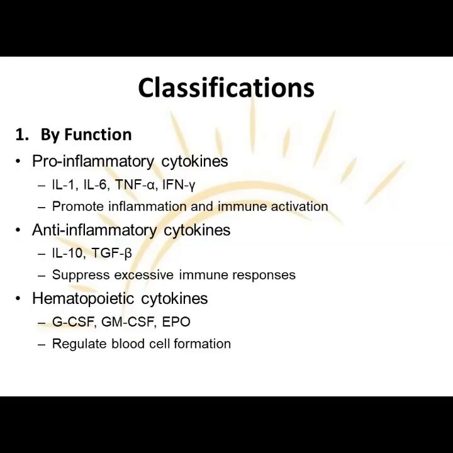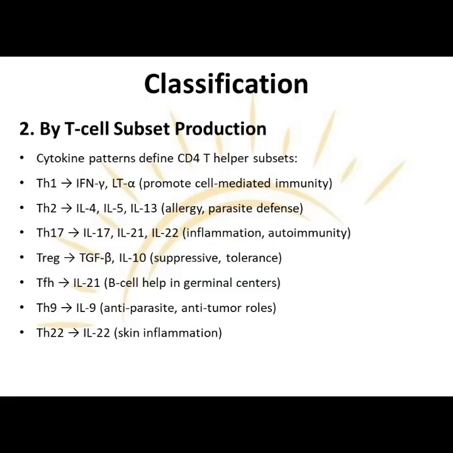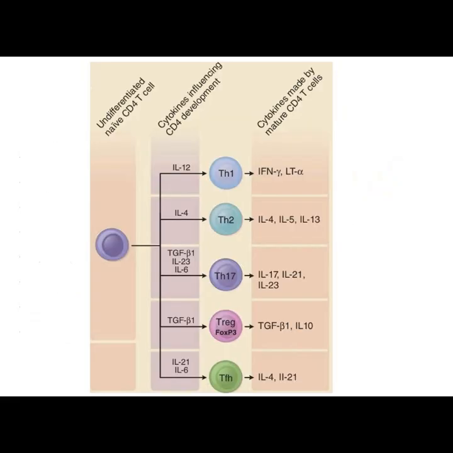Classifications of cytokines: IL-1, IL-2 and interferons were the first cytokines described, with distinct and easily recognizable biological activities. Later it expanded with genomic discoveries into a large diverse family. T-cell subsets exhibit distinctive patterns of cytokine production. IFN-gamma and lymphotoxin alpha are produced by Th1 and promote cell-mediated immunity.